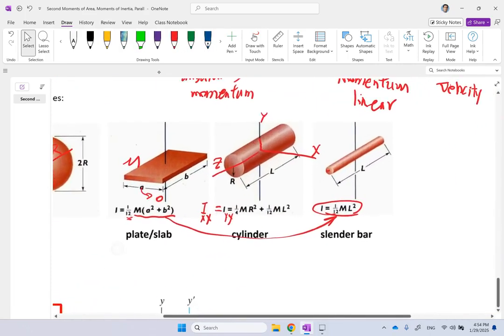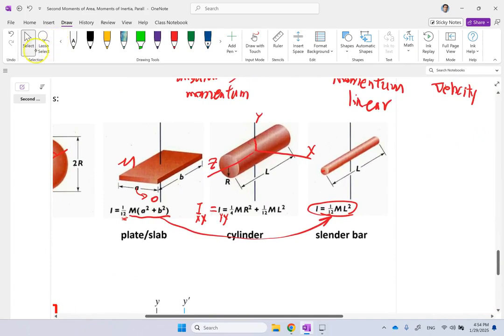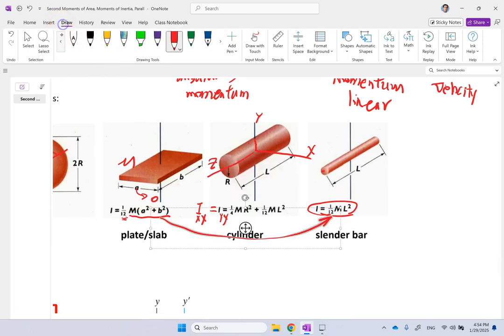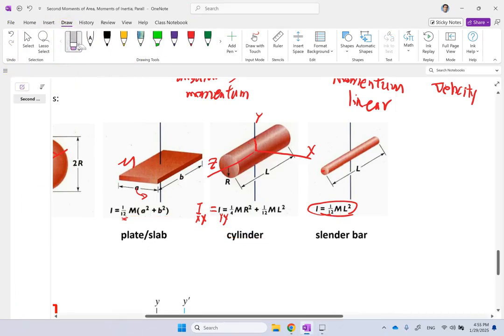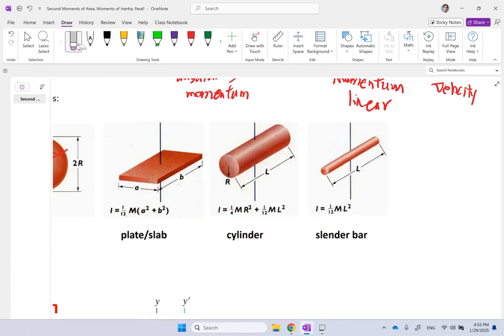So how? For that, we are going to look at one of these shapes. For instance, let's look at the plate, and see what we can get. So let me clean this up. This has some very small thickness, T, which is negligible.